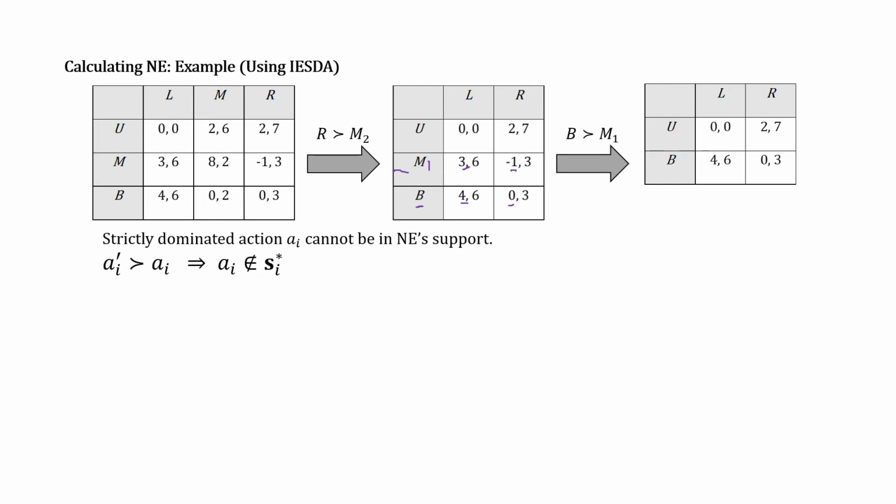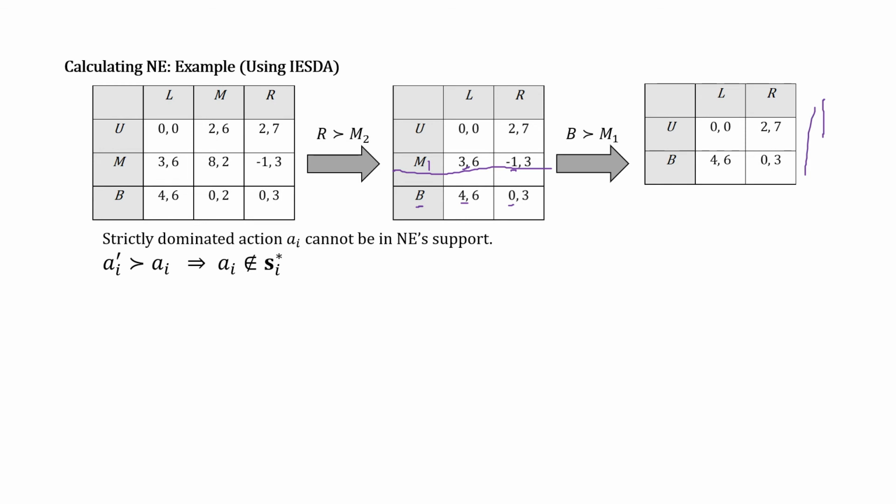So we can also eliminate this middle for agent 1, yielding this even simpler bimatrix game. Now we can proceed to find the Nash equilibrium of this bimatrix game.